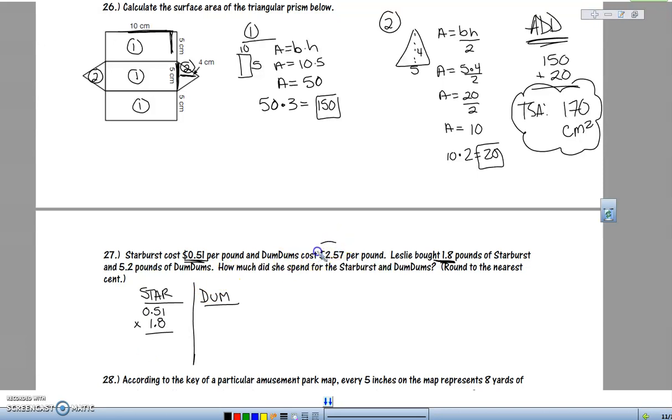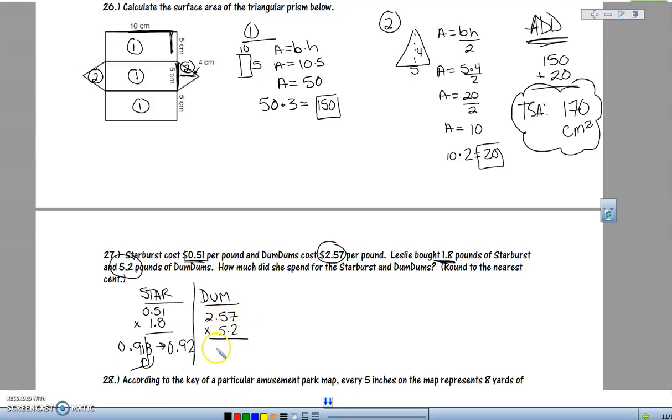The Dum Dums are $2.57 a pound and we're buying 5.2 pounds of Dum Dums. It's very important that you check and read and match up everything correctly. So when I type this in the calculator, I get 0.918. Since we're talking about cents, we have to cut it off here. The 8 is going to round the 1 up to 2. So this is 92 cents.